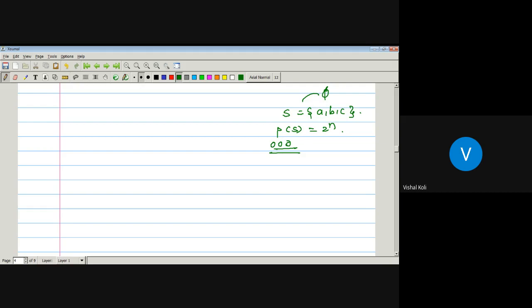Singleton A: as A is the first element, instead of A we have to take 1. B and C are not present in singleton A, so we take 0, 0. Same for singleton B: this will be 0 since A is not present, here 1, here 0. Similarly for C, 0, 0, 1. Now next element will be AB. So here we have to take 1 1 0. Next element AC means 1 0 1. After that BC means 0 1 1. And the last one is ABC, and that element is 1 1 1.